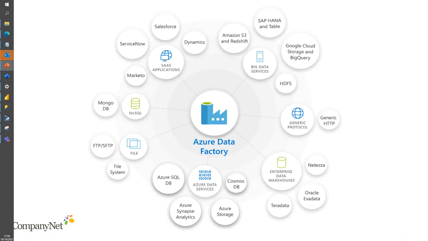It's platform agnostic, so it can ingest and then process data to Amazon, Google, even the IBM cloud. Doesn't really matter where it is. It supports NoSQL platforms such as Cosmos and MongoDB as well. So there's a huge amount of connectors, over 90 now. It's probably 100 now, of where it can ingest and store data to.